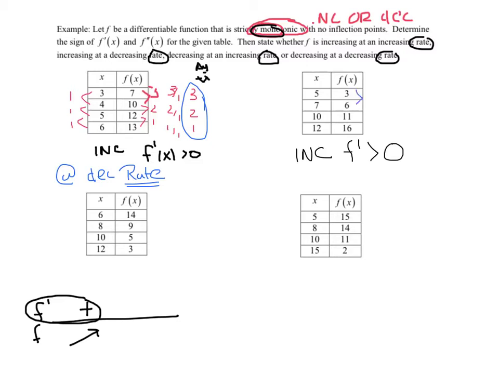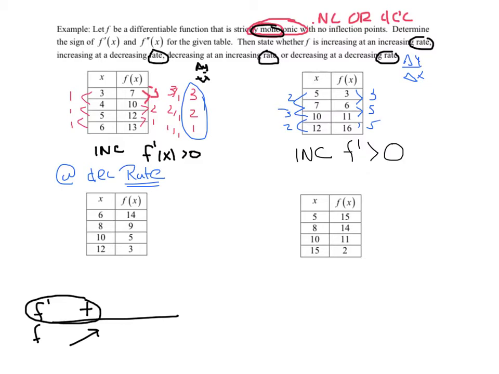I'm going to find the change in y over the change in x. My y values are 3, 5, and 5, and my x values look like 2, 3, and 2. Now let's get our slope, our change in y over change in x.